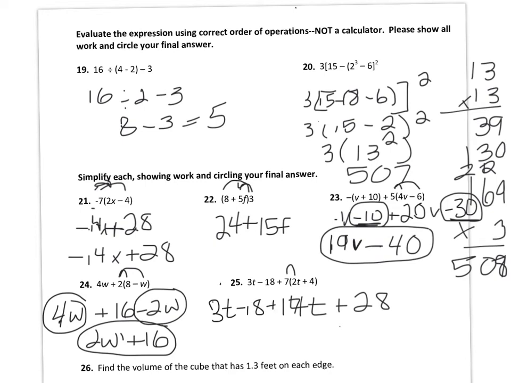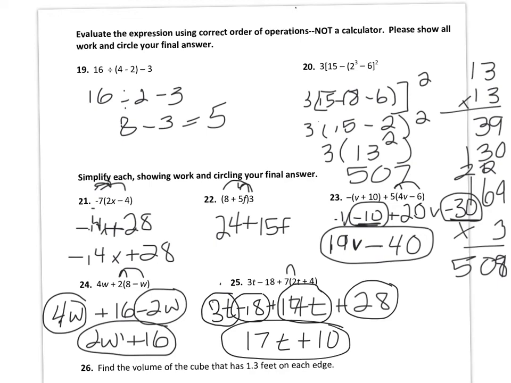So I'm going to combine the 3t and the 14t. That would give me 17t. And then I can combine the negative 18 and the positive 28. Negative 18 and positive 28 is 10. So I would have 17t plus 10.